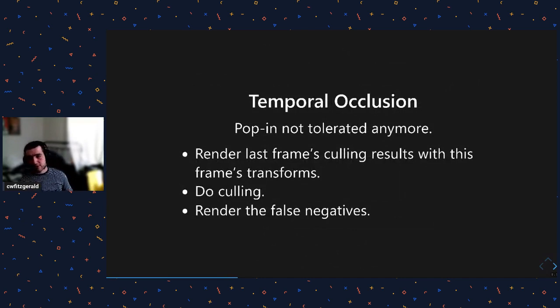Temporal occlusion is not new. We've been doing it for a long time. We've just now gotten pretty intolerant of popping. I have a very vivid memory of playing Wolfenstein, popping around a corner and it taking exactly a frame for the enemy to pop into place, because they were obviously doing some sort of CPU-driven occlusion culling that needed a frame to get the results of the GPU back on the CPU.